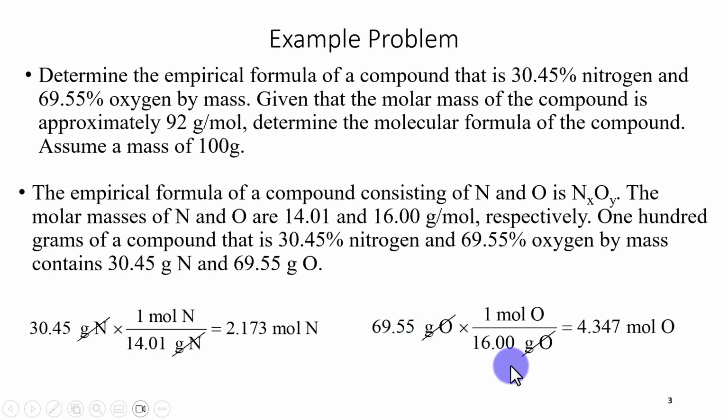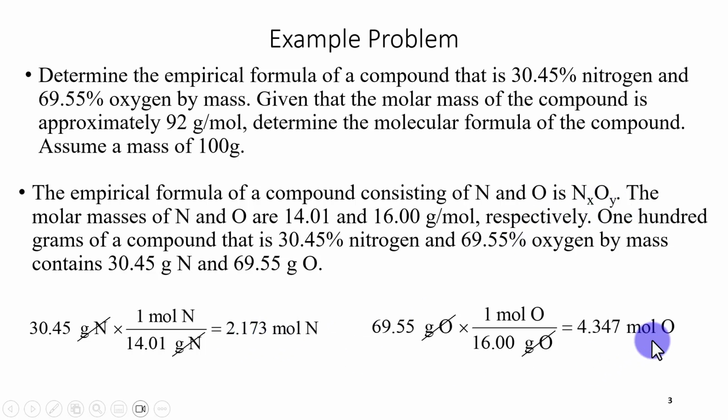My grams of oxygen are going to cancel, leaving me with moles on top. 69.55 times 1 mole divided by 16 gives me 4.347 moles of oxygen. So I found my coefficients, x and y.